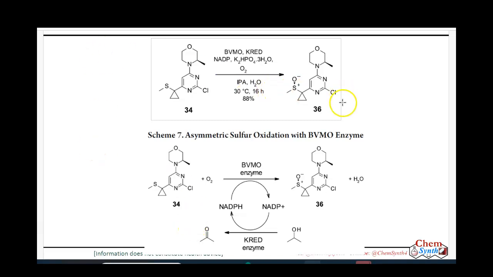So in this way they are getting this chiral intermediate in very good yield as well as very high enantiomeric purity, more than 99%.